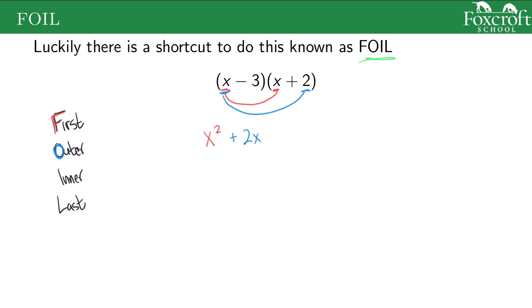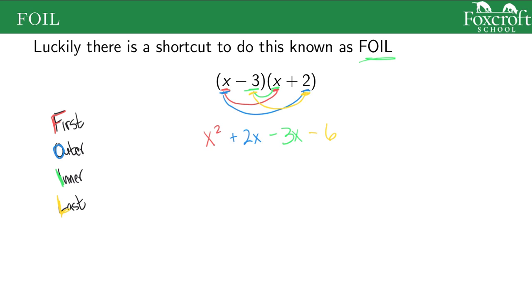Then we're going to do the inner terms, just the opposite of the outer terms. The inner terms, negative 3 and x, gives me minus 3x. And the last terms are the last one in each pair, and that's going to be negative 3 times 2, which is negative 6.